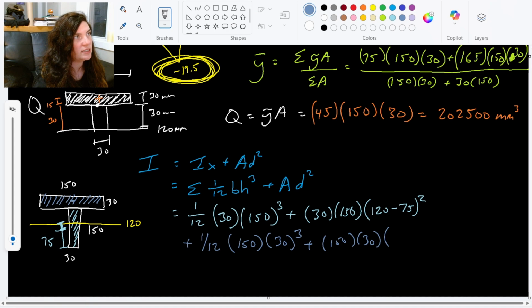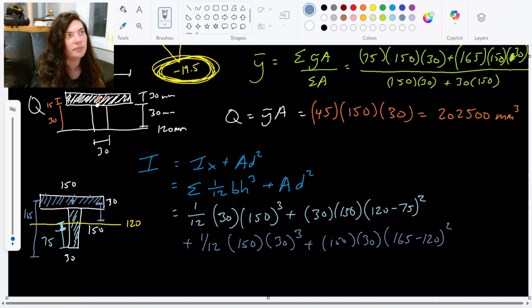So here my centroid is hitting at 15 plus 150. We said this hits at 165. So 165 minus 120, right, to get this distance here. 165 minus 120 squared. And then I'm just going to punch all of that into my calculator so that I can get my moment of inertia.